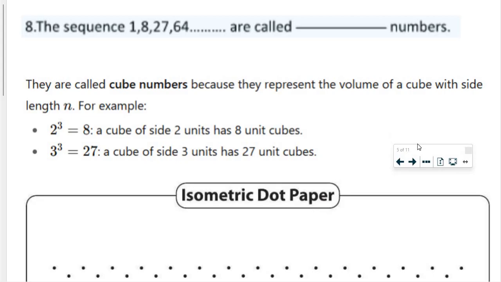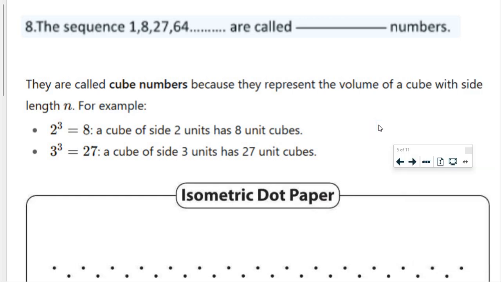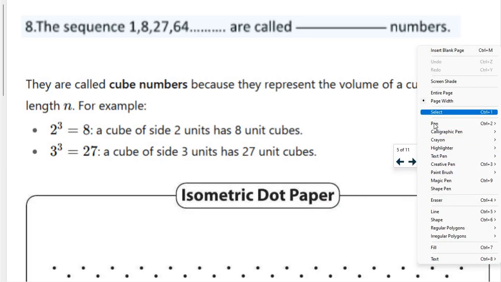Question number 8, the sequence 1, 8, 27, 64, and so on are called dash numbers.